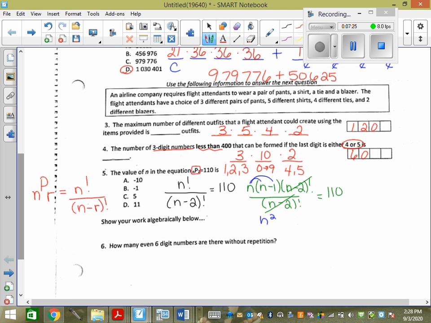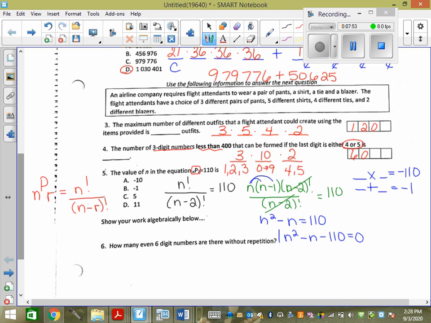N squared minus n equals 110. And what did I tell you to do every single time you have a squared variable with a non-squared variable? Get it equal to 0. Move it over to one side. So we get n squared minus n minus 110 equals 0. And then what times what equals negative 110? What plus what equals negative 1?